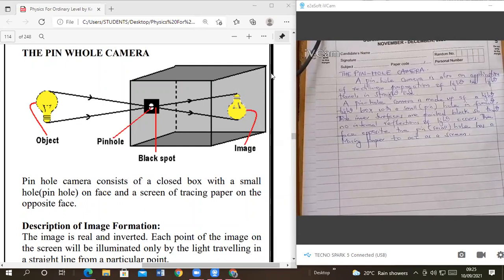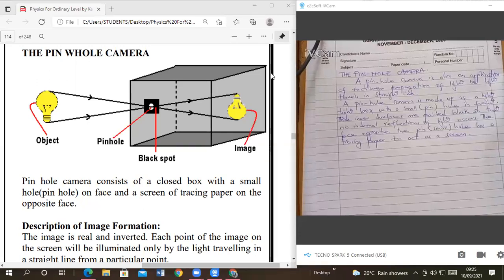Then on the face opposite the pinhole, the small hole you created, get a tracing paper. If you don't have a tracing paper, members, don't worry. Just get a plain paper. I believe you have plain papers at home.